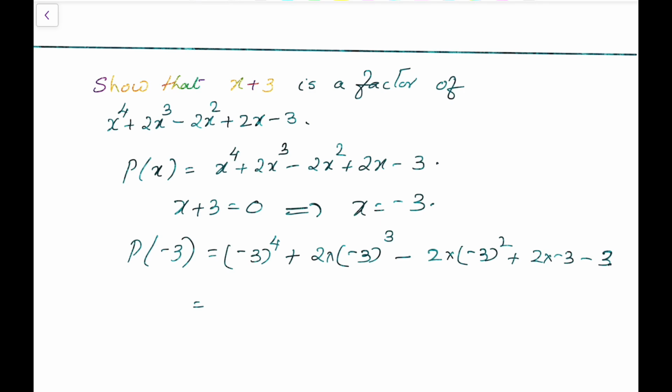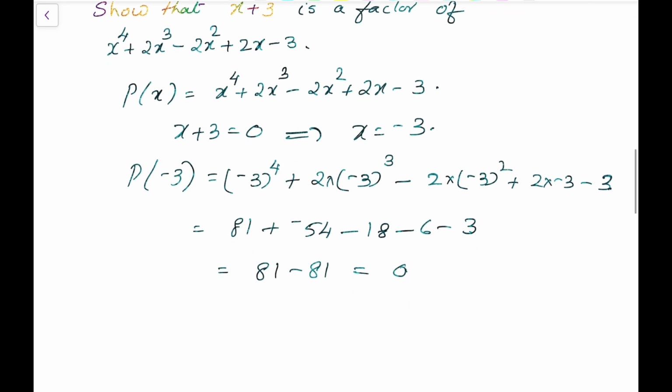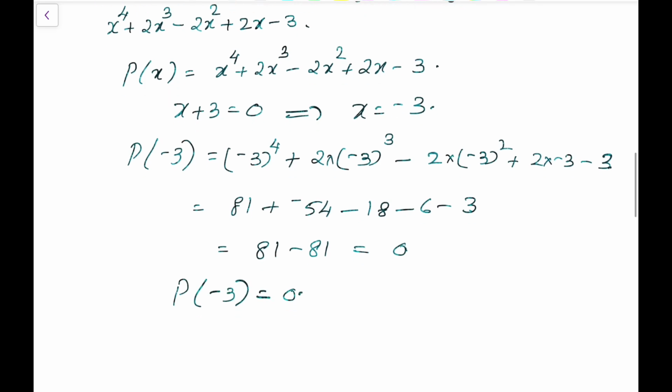The minus 3 to the power of 4 will be 81 plus 27 into 2, so minus 54, 9 into 2 is minus 18, then 2 into minus 3 is minus 6, minus 3. So this is equal to 81 minus 81, equal to 0. So you got p of minus 3 equal to 0. Therefore, x plus 3 is a factor.